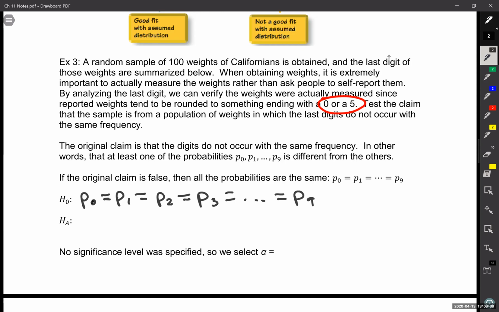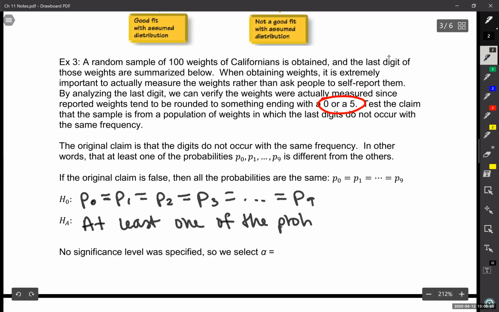The alternative is going to be at least one is different. So at least one of the probabilities is different. Let me make it bigger. At least one is different.